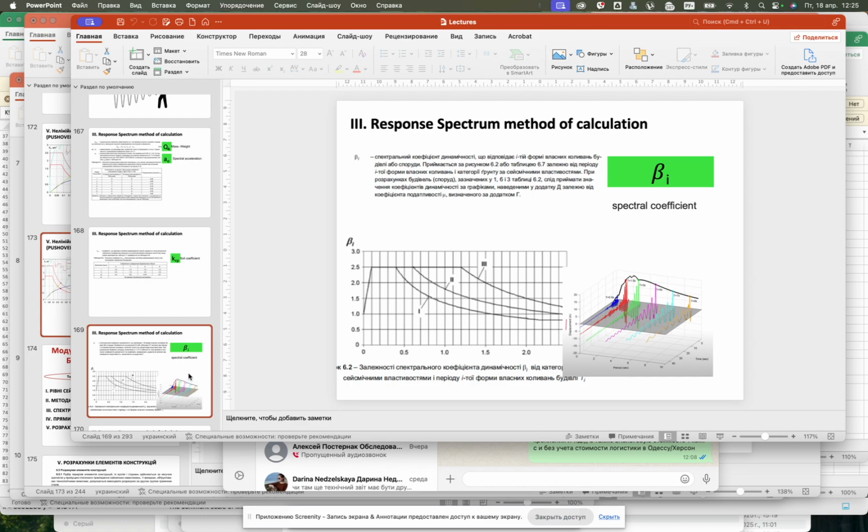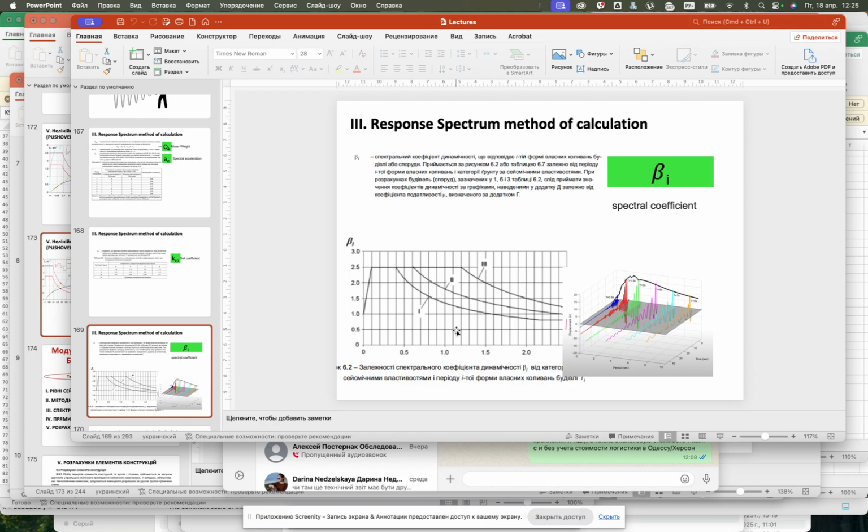The values of these coefficients are based on the category of soils by seismic properties, and also on the duration of the vibration. So it's based on the period, or on the frequency of vibration of the building.